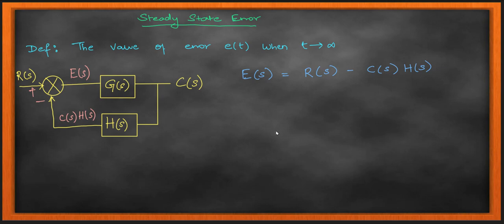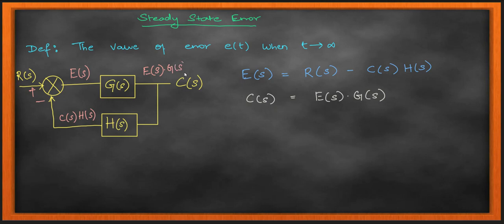My C of S is going to be E of S into G of S, right? I am going to substitute C of S as E of S into G of S, because if you look at the system level diagram, I can easily write this formula where my C of S is E of S into G of S.